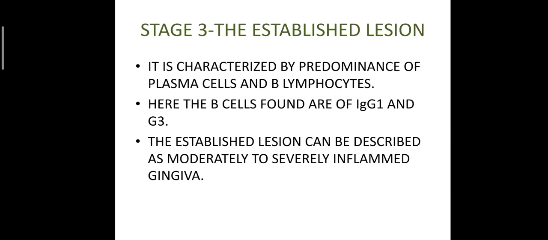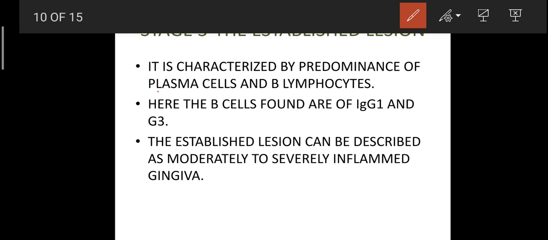The third stage is known as the established lesion. It is characterized by predominance of plasma cells and B lymphocytes. So here plasma cells and B lymphocytes are main points. Now here the B cells found are of immunoglobulin G1 and immunoglobulin G3.